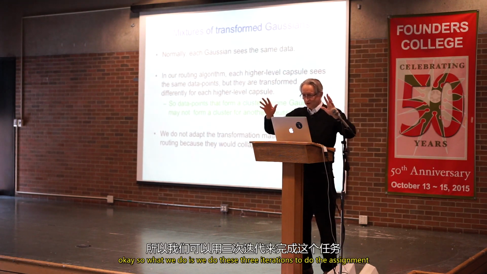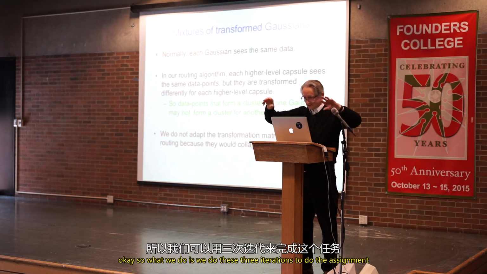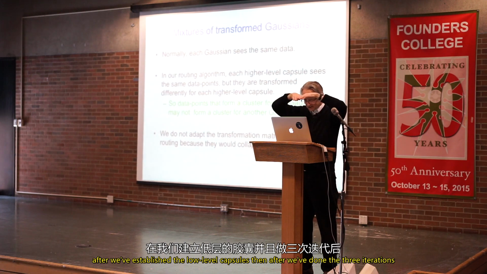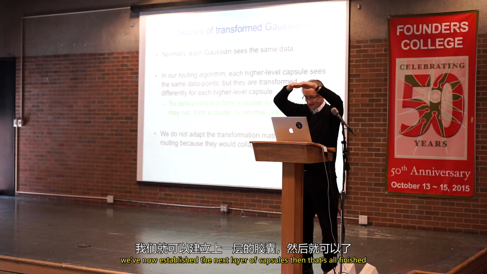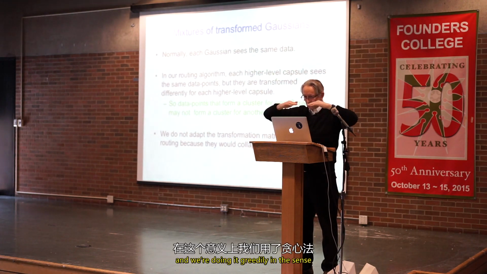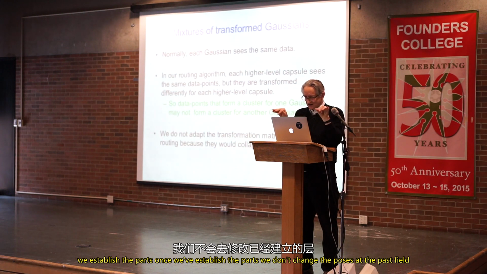Okay, so what we do is we do these 3 iterations to do the assignment after we've established the lower layer of capsules. Then after we've done the 3 iterations, we've now established the next layer of capsules. Then that's all finished, and then we go to the layer above that, and so on. And we're doing it greedily in the sense that we establish the parts. Once we've established the parts, we don't change the poses of the parts.